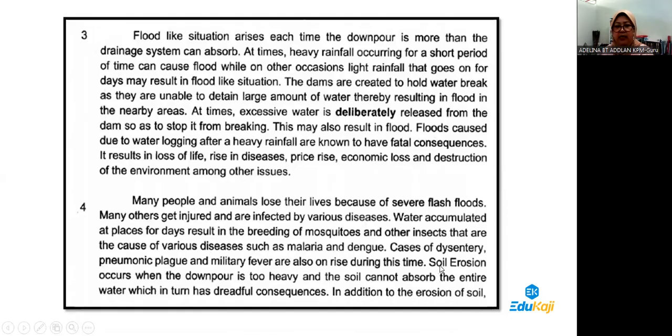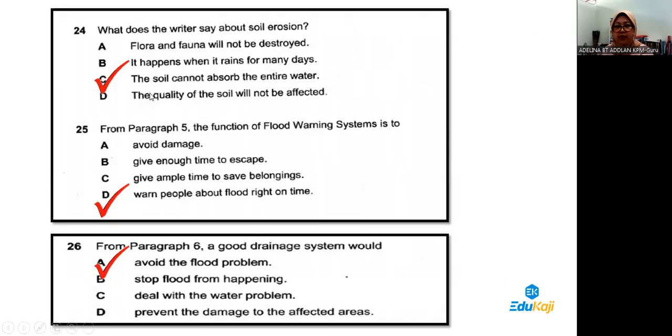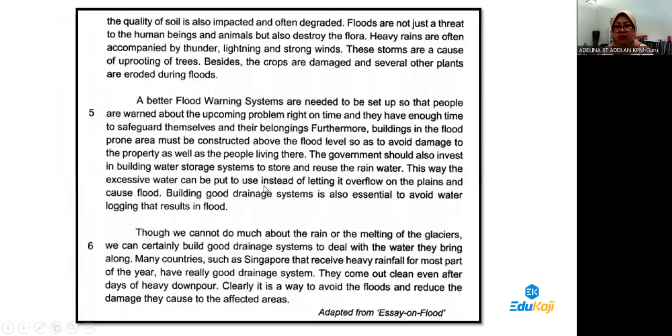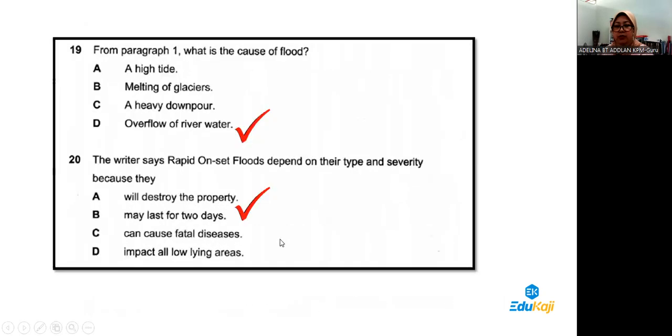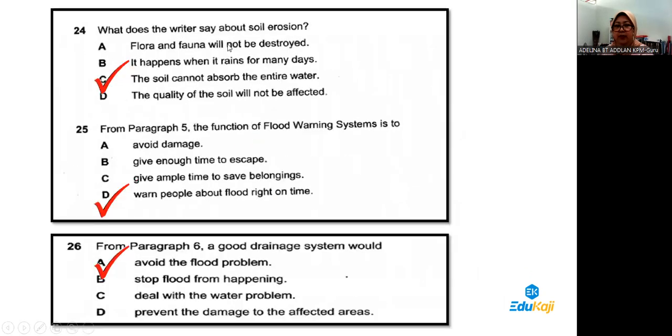Okay, let's look here. Anywhere for soil erosion? Yes. Meaning that for question 24, the answer is in paragraph 4. Soil erosion occurs when a downpour is too heavy and the soil cannot absorb the entire water. So this is what soil erosion meant. Okay, what does the writer say about the soil erosion?